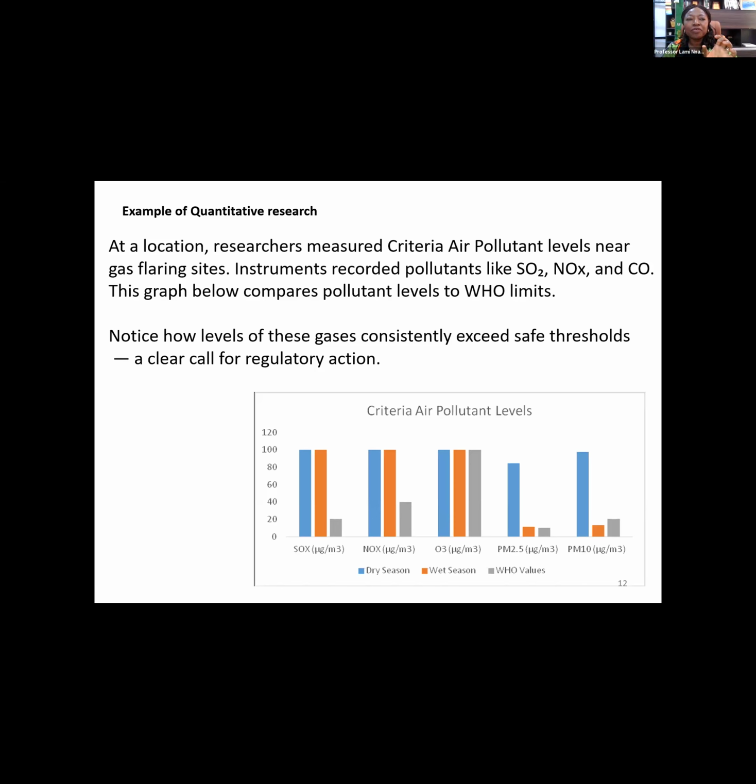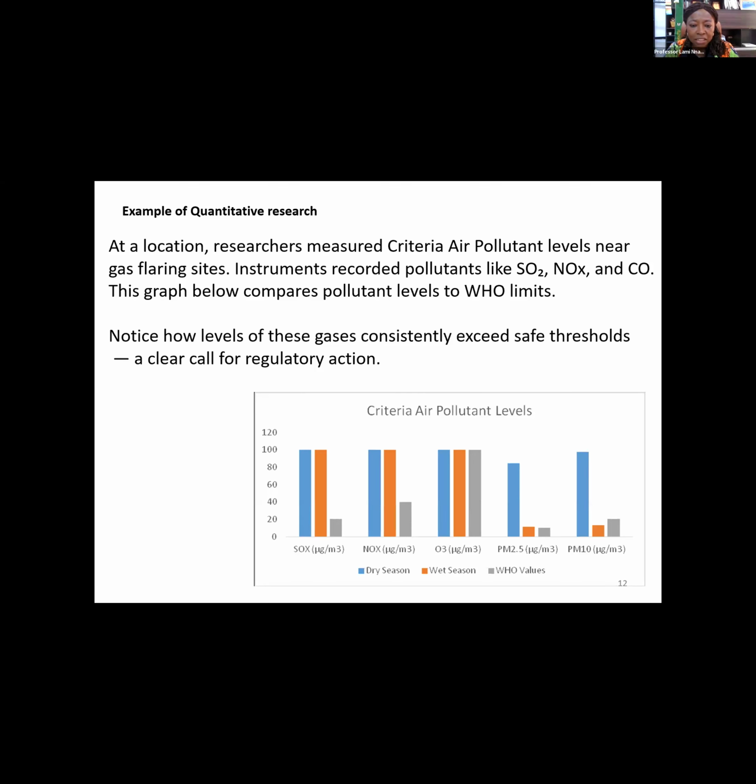And if the concentration of those pollutants increases above a certain level, then it means that the air is polluted. But if it is decreased or maintained, then it means that the air is not polluted.